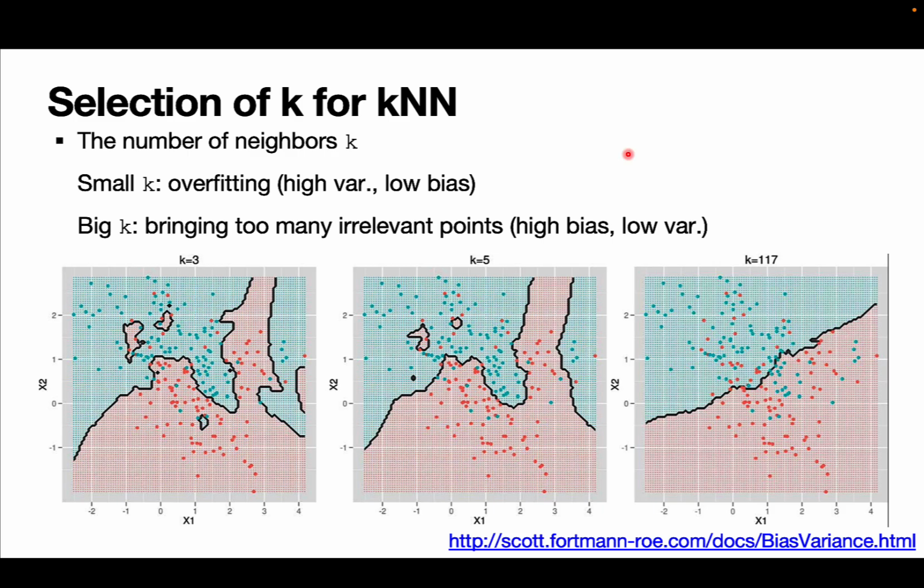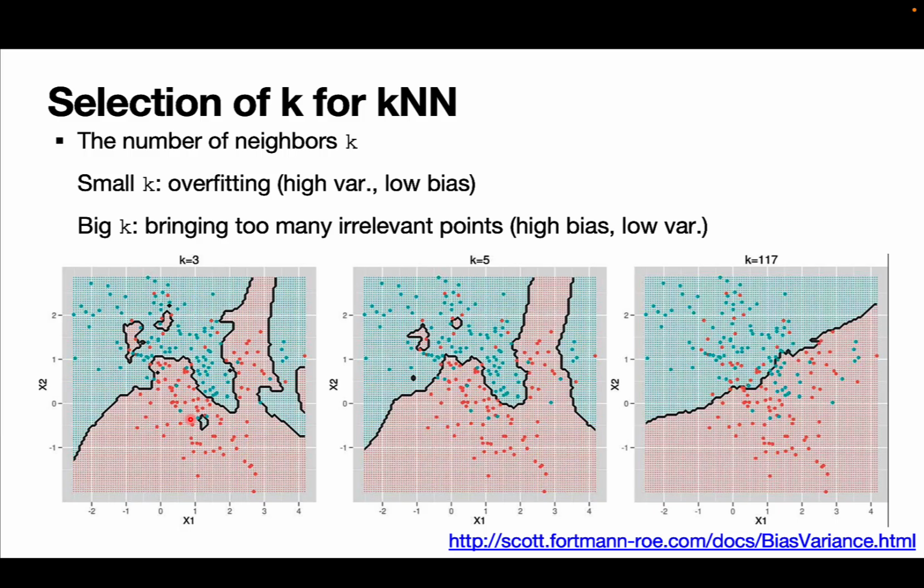This is a great visualization to show how different values of k lead to different solutions. So when k is very small, you're going to see small communities or islands. In these cases, data points from one class in a neighborhood may dominate, causing those clusters.